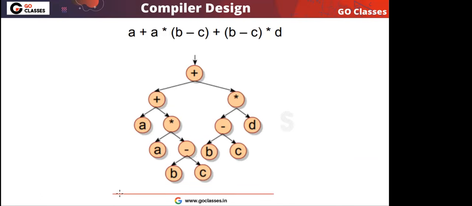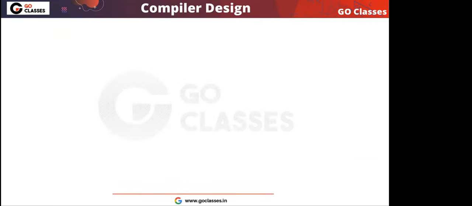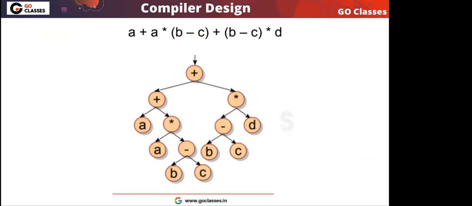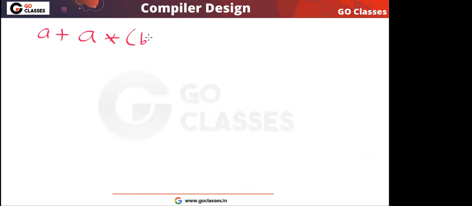Yes or no? Is this clear to everyone? So for example, you have this: a + a * (b - c) + (b - c) * d. How will you create the abstract syntax tree for this?